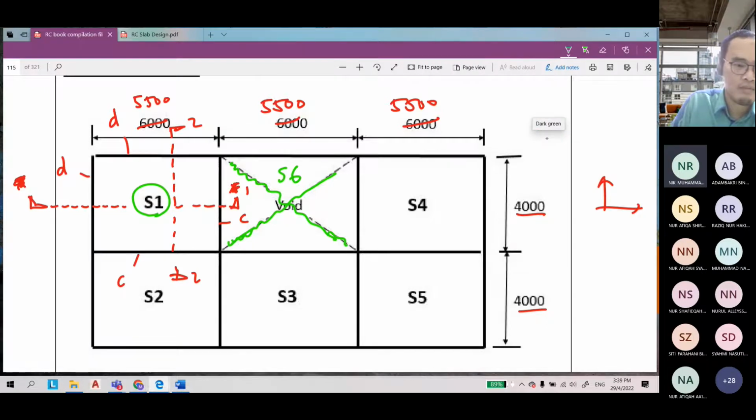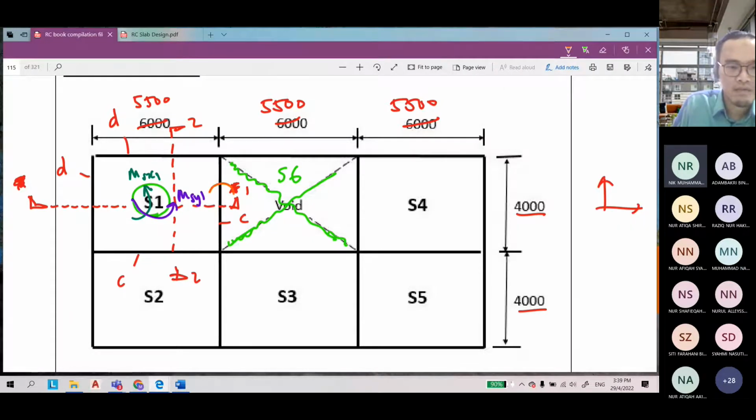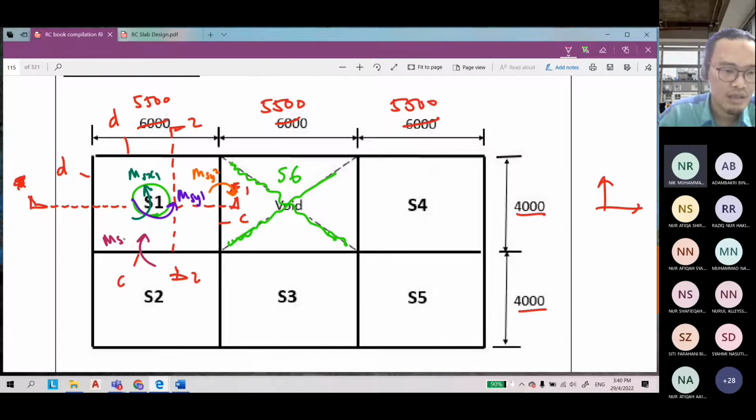Of course we will have the bending moments. MSX1 is at the bottom of the span, and for the longer direction is MSY1. The bending moment here is MSY2, and the bending moment here is MSX2. Here the moment is 0, and here also the moment is 0.